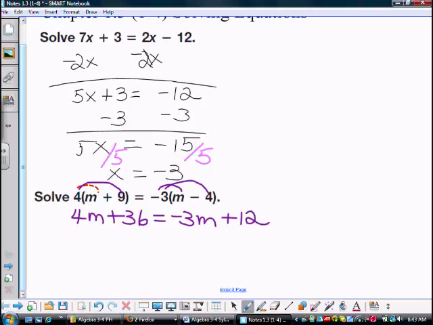Now we'll use the same strategy we used before. Get all the variables to one side. I like positive coefficients for my variable, so I'm going to add 3m to both sides to make my life easier. 4m plus 3m is 7m plus 36 equals 12.